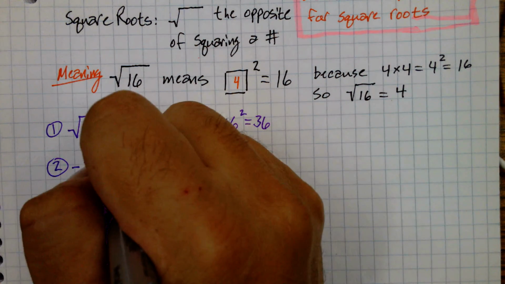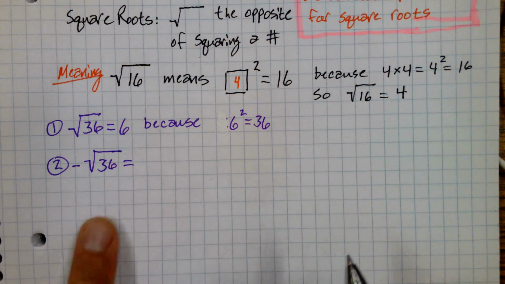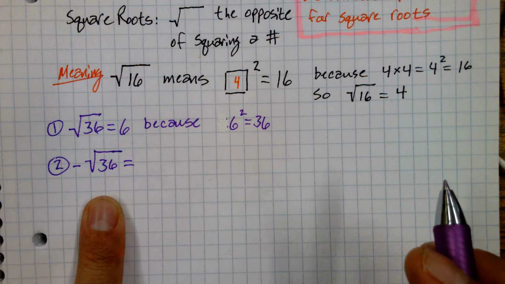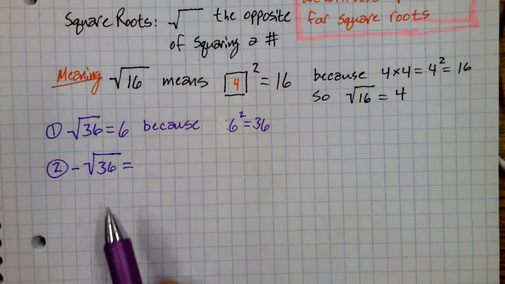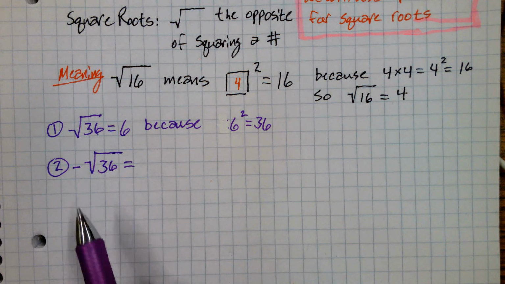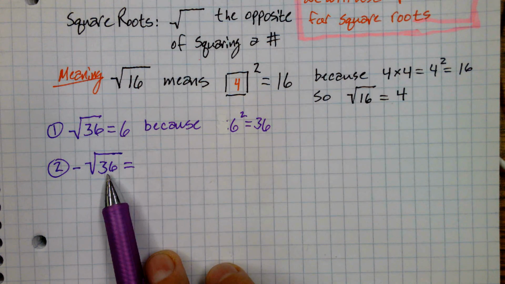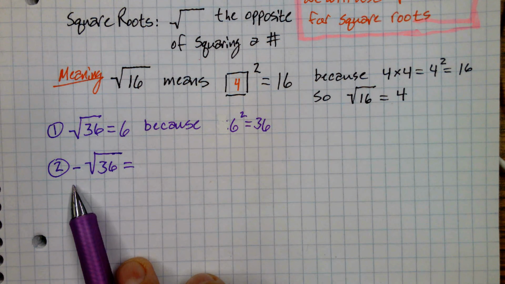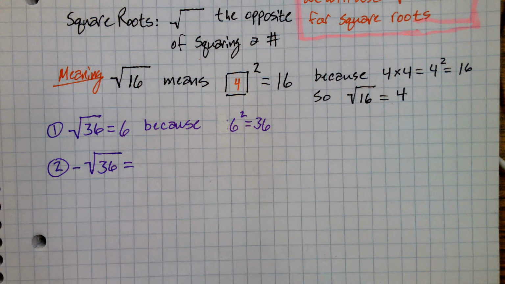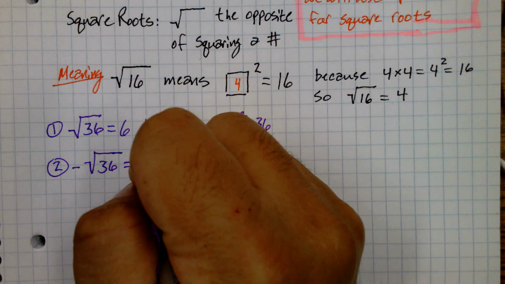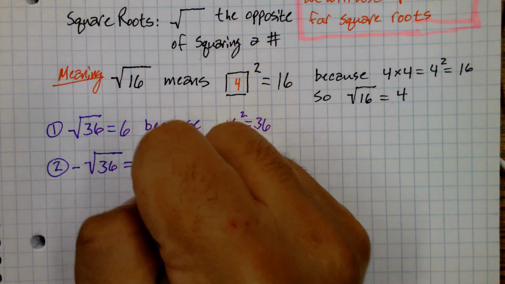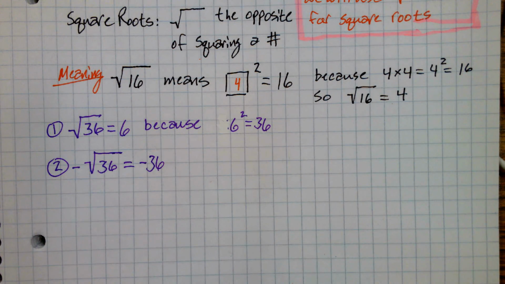So think of order of operations. This is kind of like an exponent. So you do the exponent first. What's the square root of 36? And if there's a negative outside, it makes it negative. So that was pretty easy.